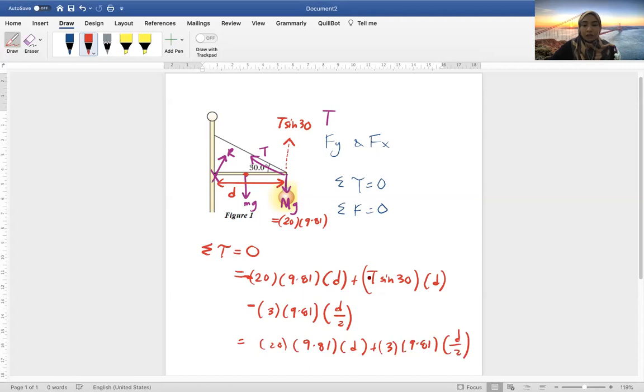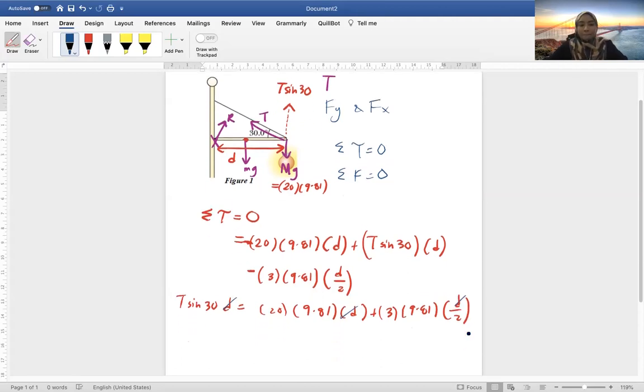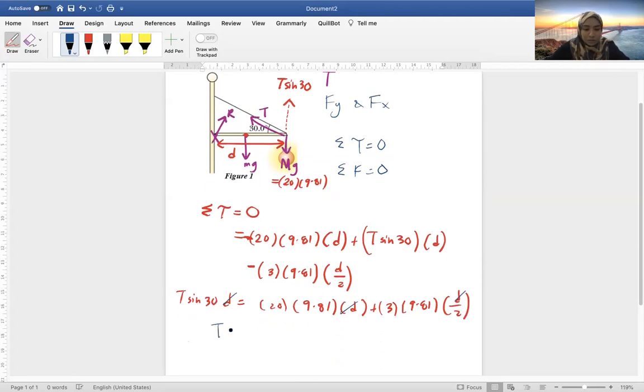The T sine 30 I am making my subject. What I can do now is cancel the D, bring this D over here, so the D is gone. So I can solve for T: this whole thing divided by sine 30. So that becomes, I don't know.